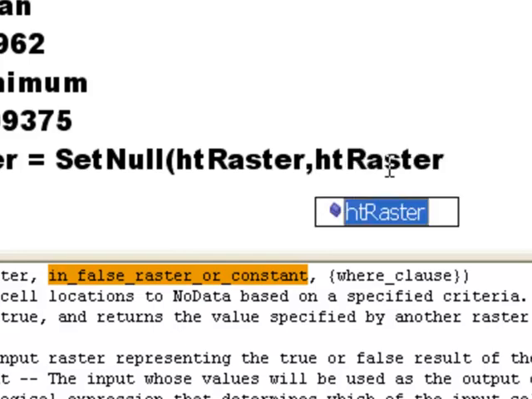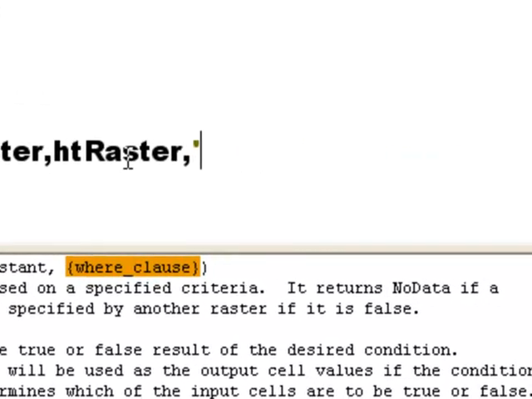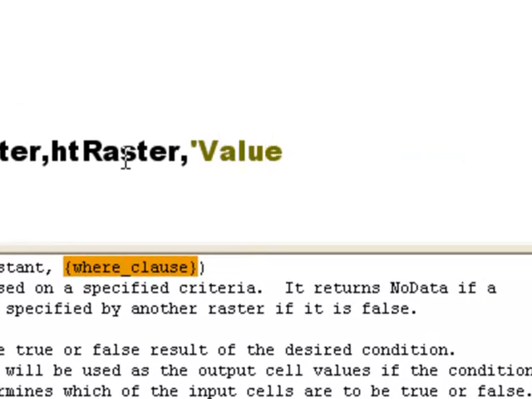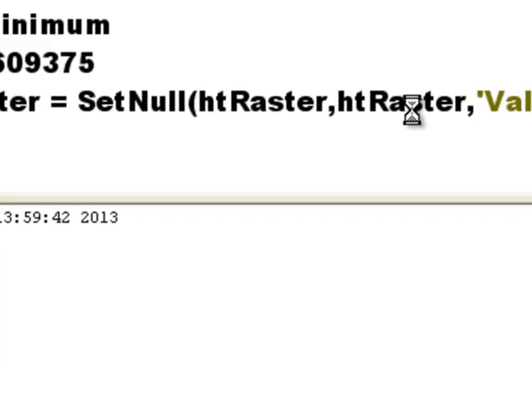So if the question's false, keep the pixel values. And then we have our question. So our question is the pixel value less than 0? So if it's less than 0, eliminate that pixel, make it a no data pixel. If it's 0 or greater, retain the canopy elevation value.